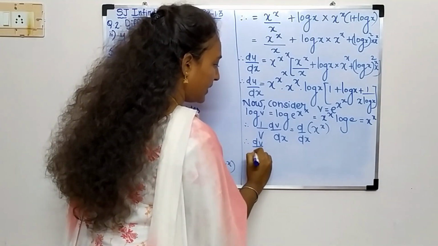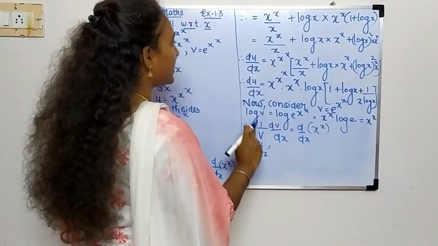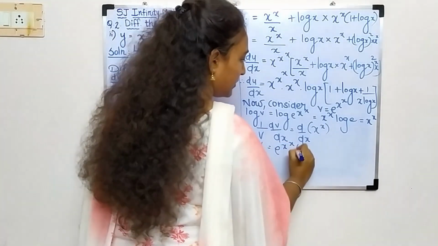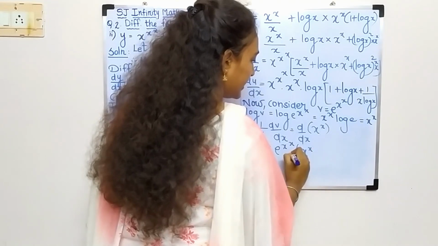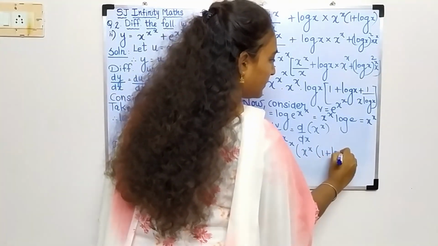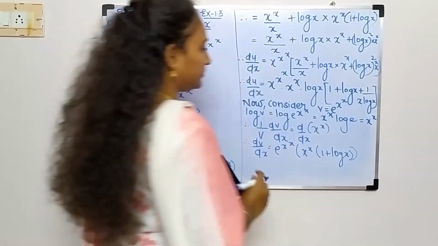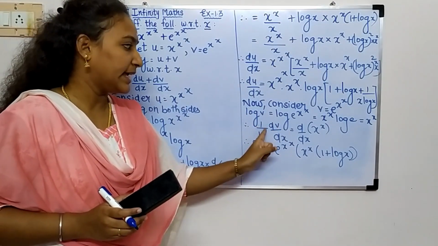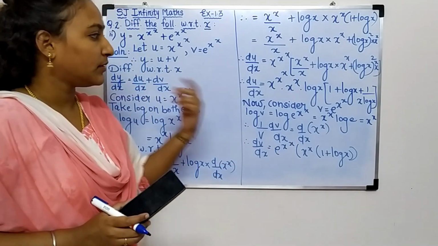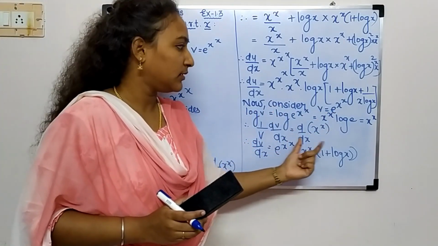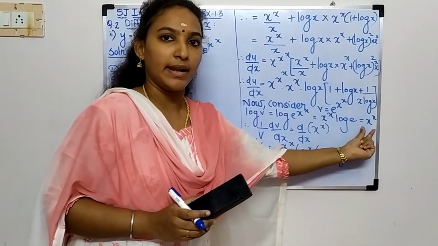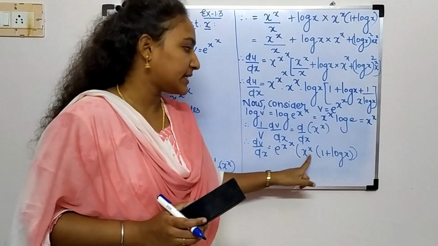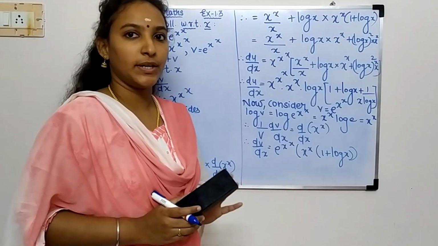Therefore, dv by dx becomes, what is our v? e power x raised to x into x raised to x multiplied with 1 plus log x. Understood how we solved the derivative of v? First we took log on both sides. The answer came to be x power x. We know the derivative of x power x is 1 plus log x into x power x. We have substituted it.